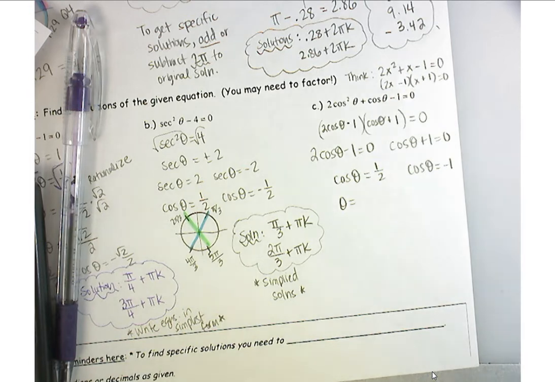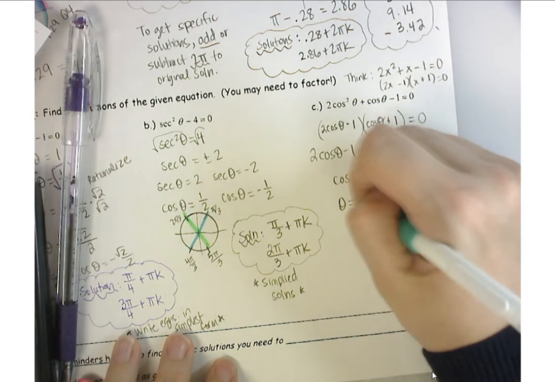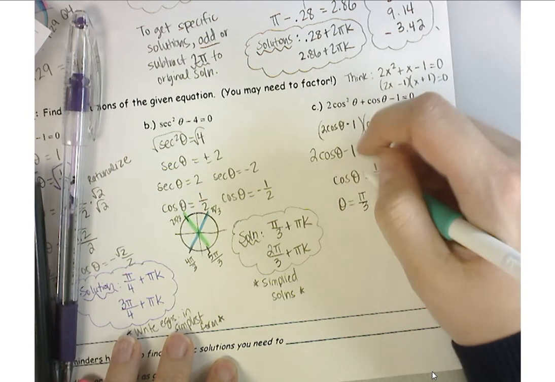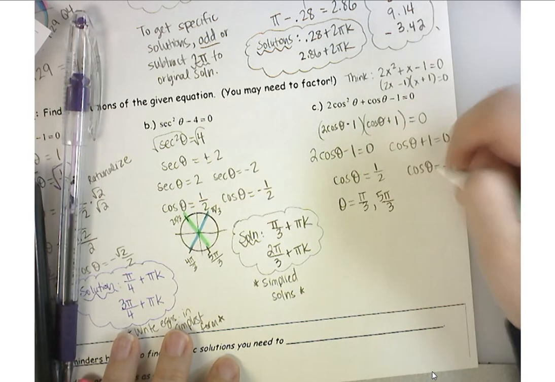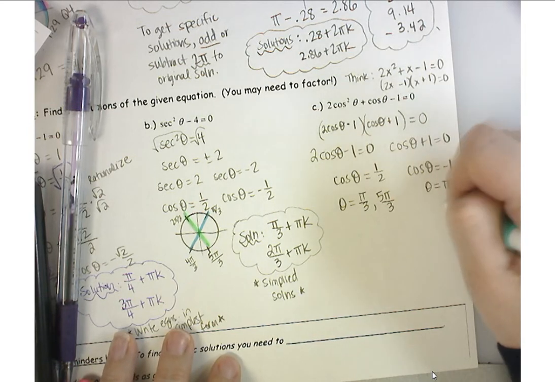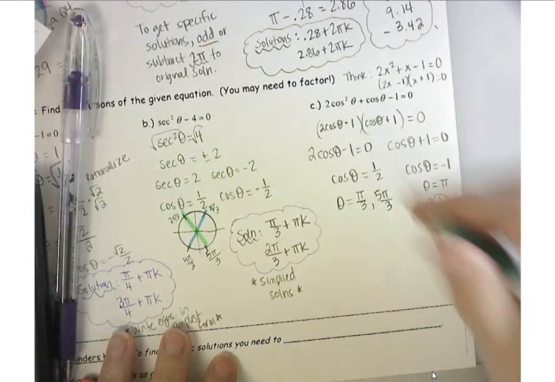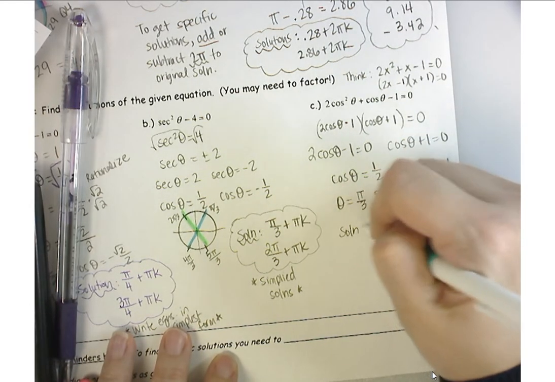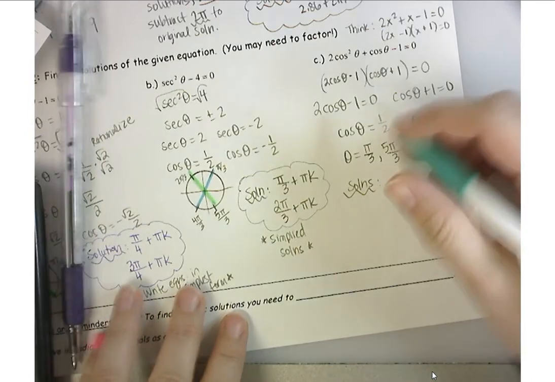Okay. So cosine, the x value, is 1/2 at pi over 3 and at 5 pi over 3. And then the cosine is negative 1 on your unit circle at pi. Okay, that's where you have negative 1, 0. So then your solutions, you don't have any that are 180-degree relationships.